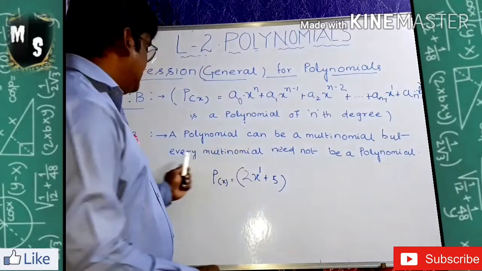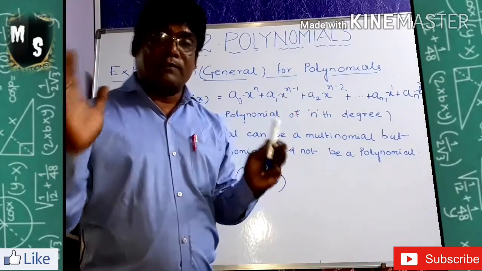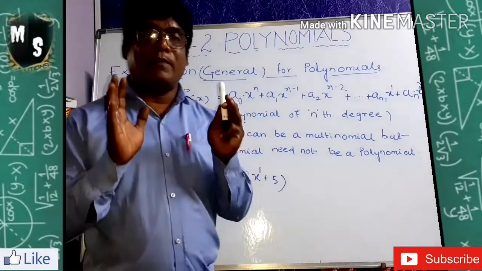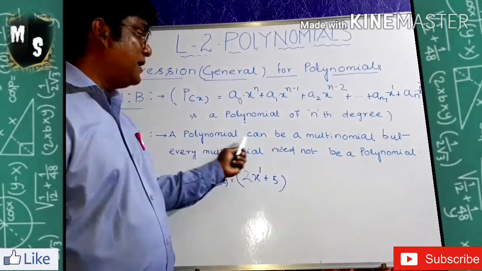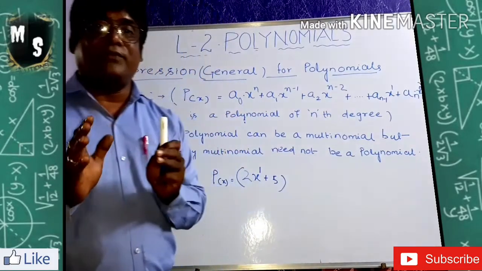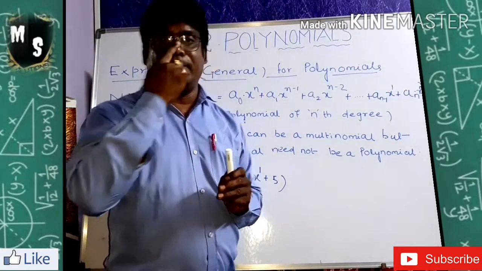But a multinomial, meaning more than 4 terms, cannot be reduced to a monomial, binomial or trinomial. Try to understand: mono, bi, tri, we can say them as multinomial. We can extend them up to multinomial.